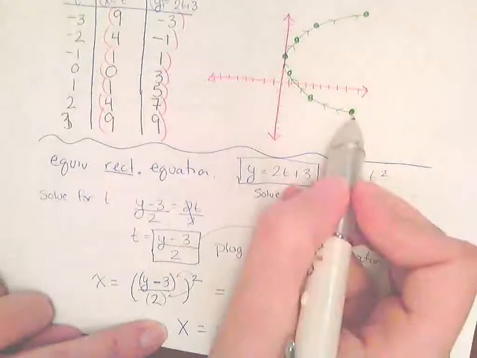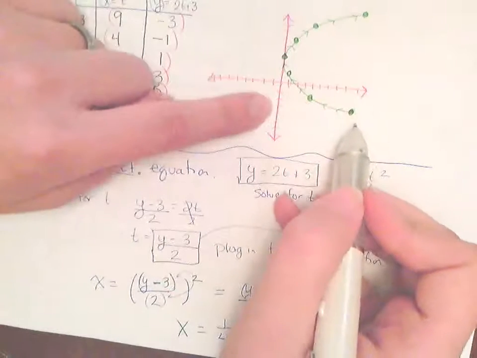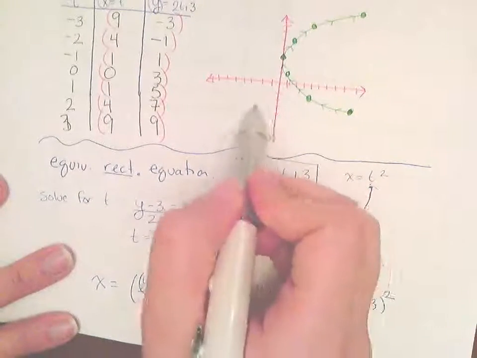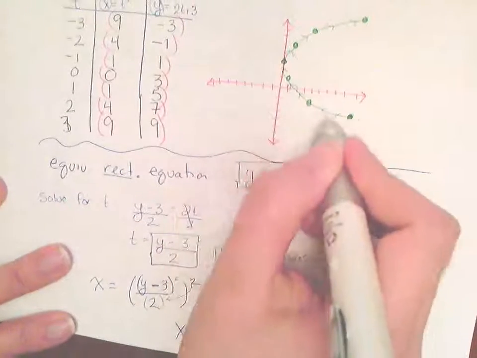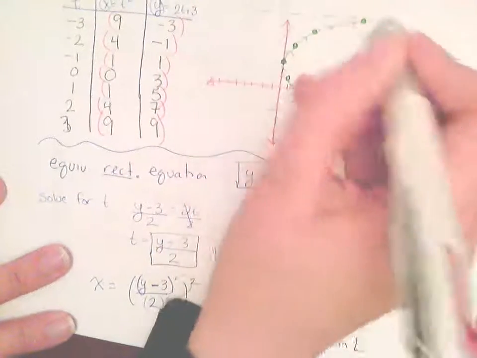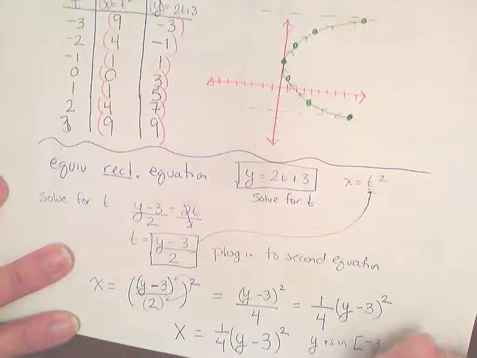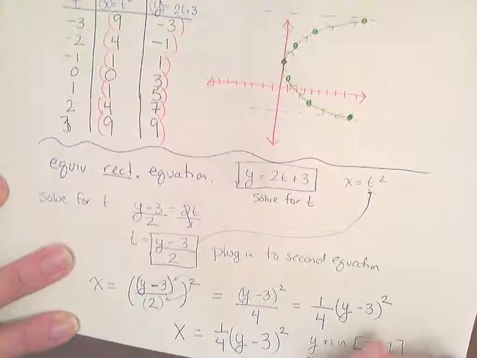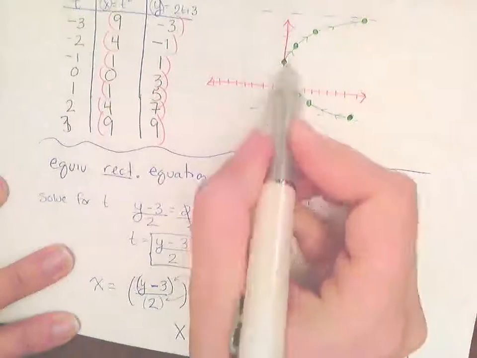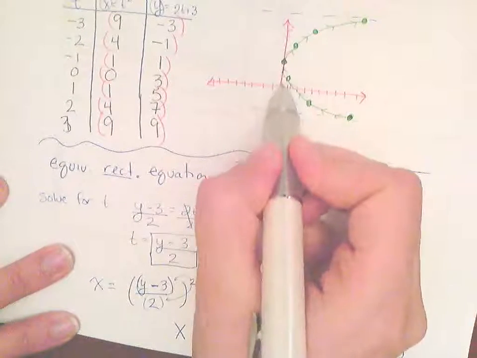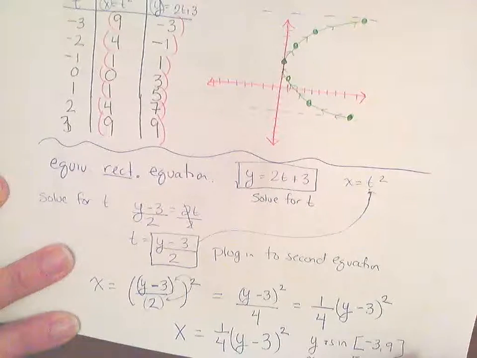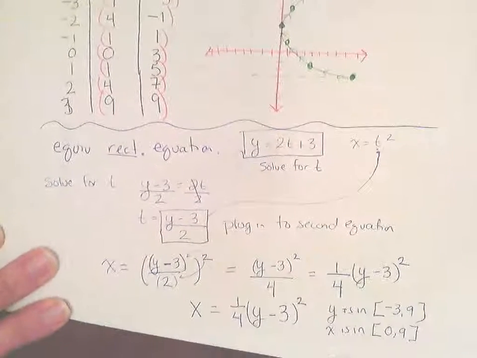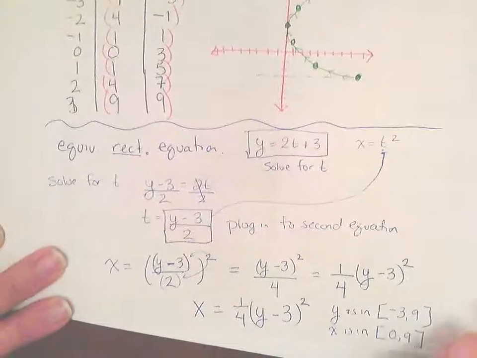And even just by looking at the graph, you notice that the range is from -3 all the way up to 9. And then my domain was from 0 all the way to 9. And that is it for this section.